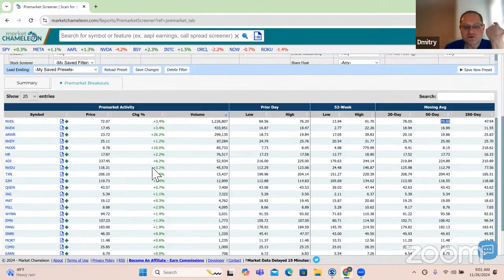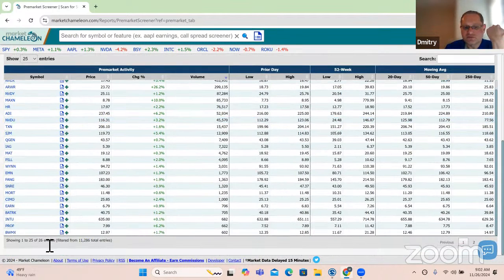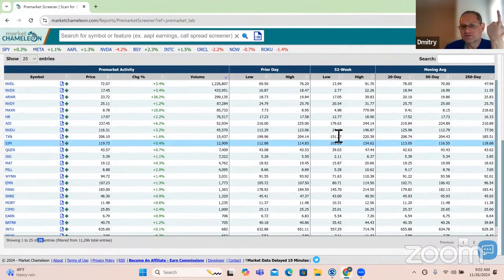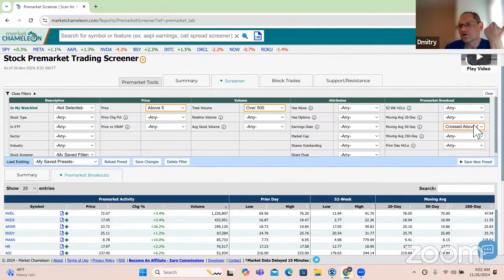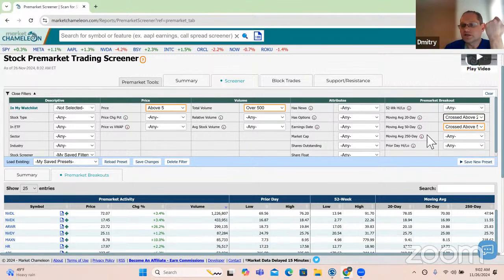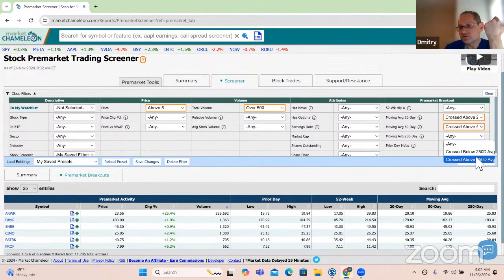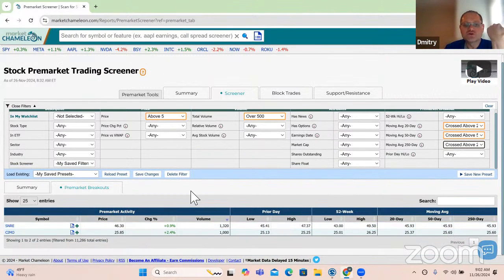If we look at how many of those, there were 26 that did that. And we could set it for all of them. Moved crossed above the, let's say, 20, crossed above the 250. So now only two of them.